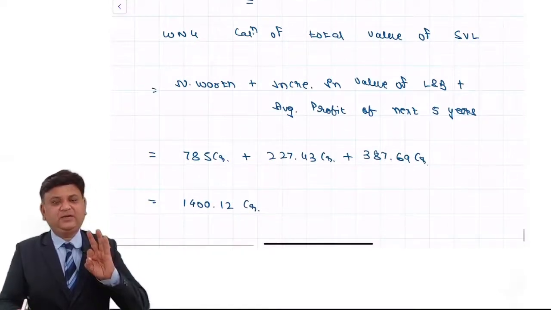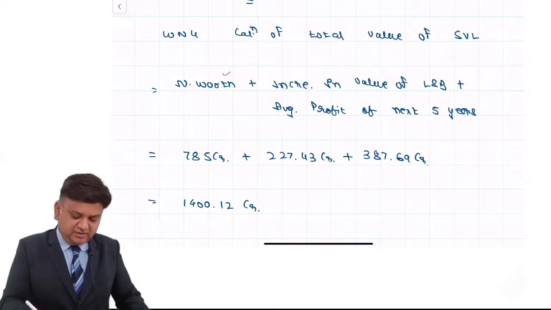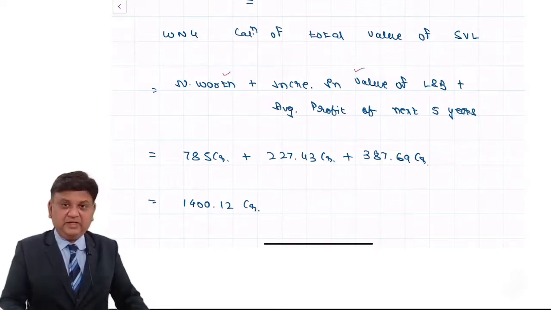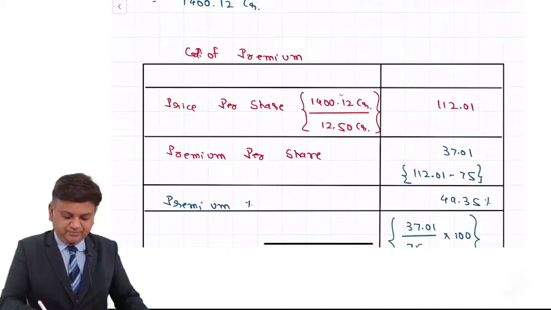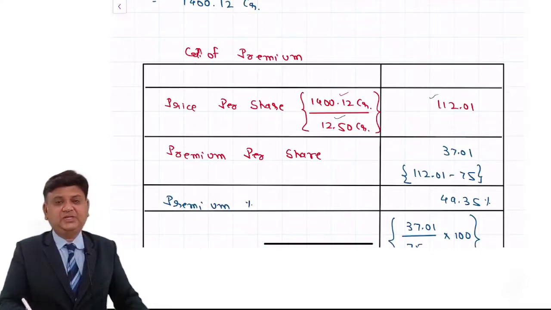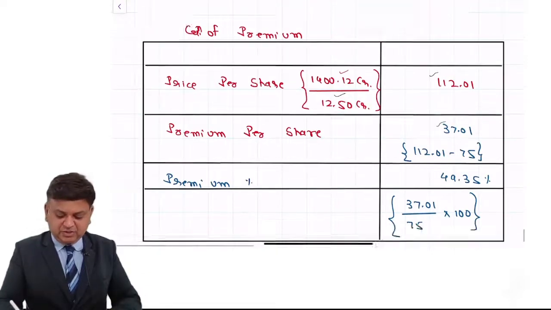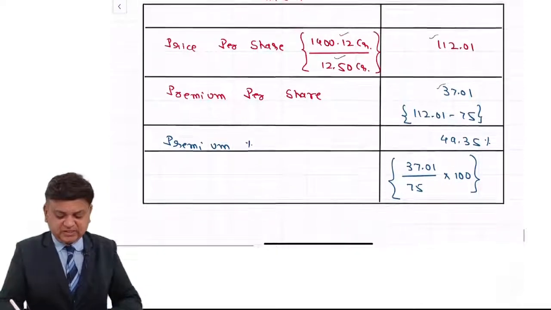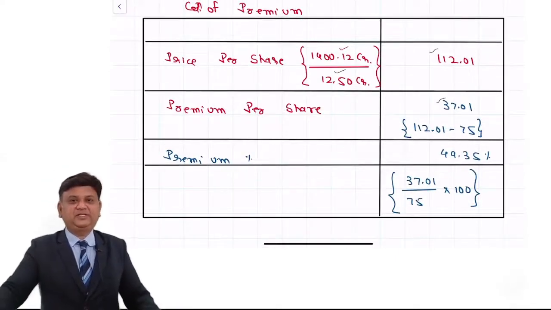As per the information in the question, it is the net worth, increase in the value of the land and building, and profit for the next 5 years. The total value divided by the number of shares will give the price per share that you are ready to pay as per the first method. In comparison to the current price, there is an excess price, and that is a premium. Accordingly, the premium in percentage terms can be calculated.